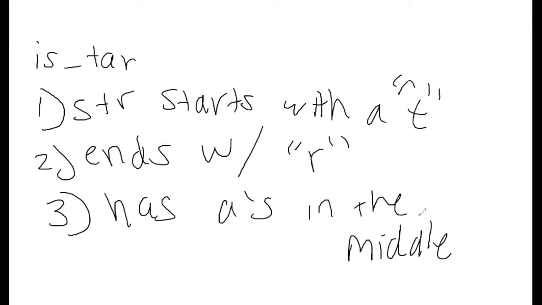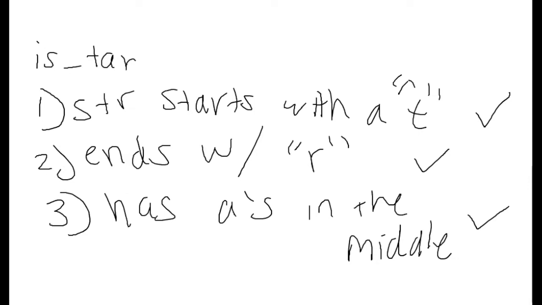So there are 3 things we're checking for. Another thing to make note of is that since we need a T to begin with, an R to end with, and at least one A in the middle, our string has to have a length of at least 3.